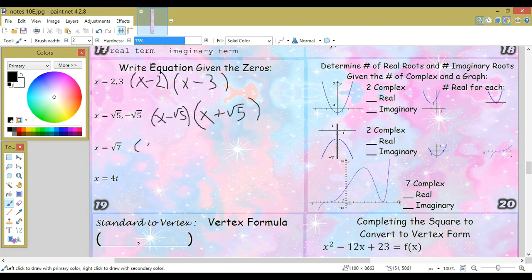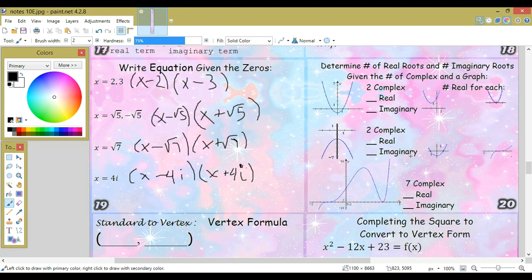So for this one, our factors would be x minus square root of 7 and x plus square root of 7. It would have both, not just the one that's listed there. Same thing with the 4i. We'd have x minus 4i and x plus 4i.